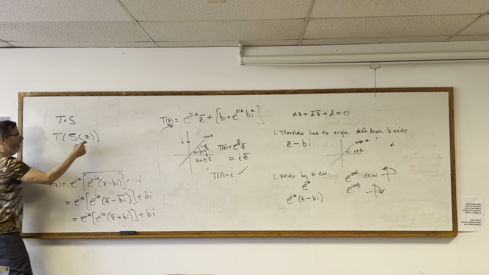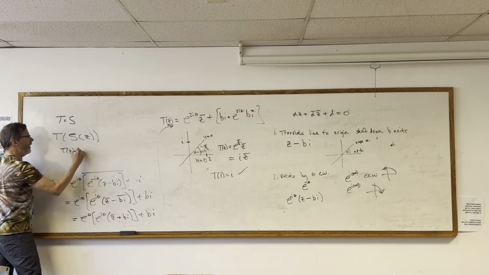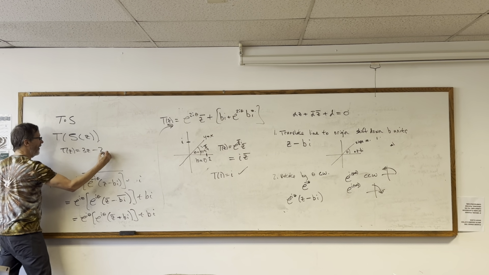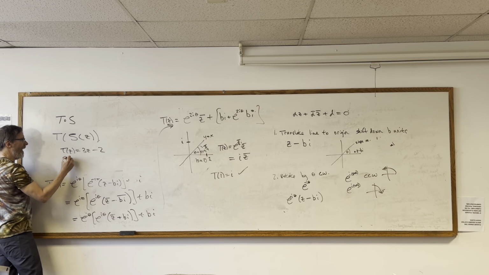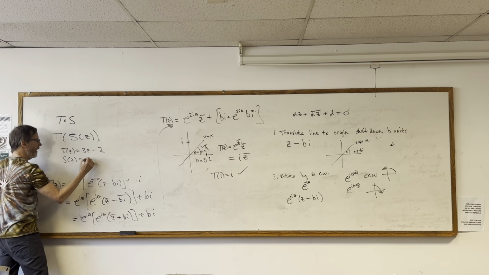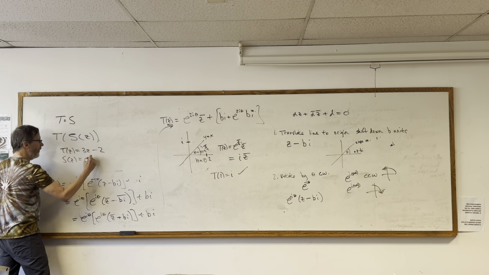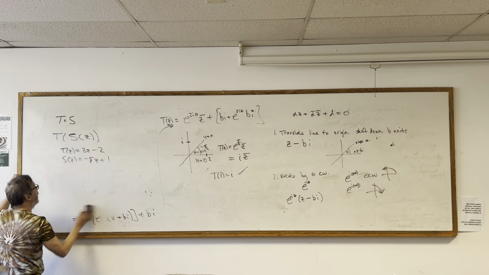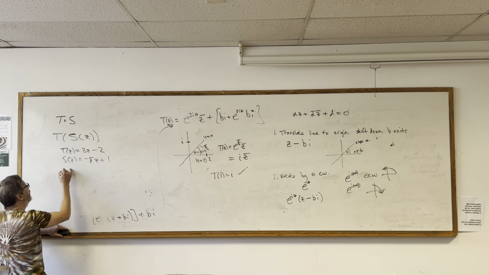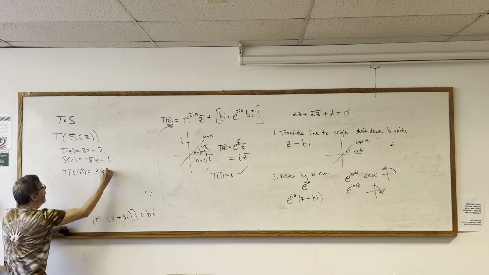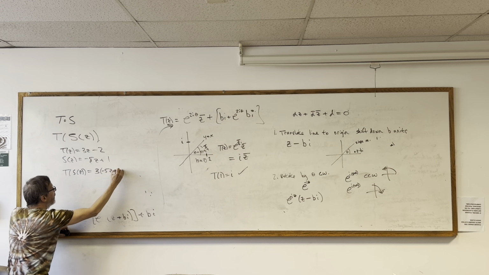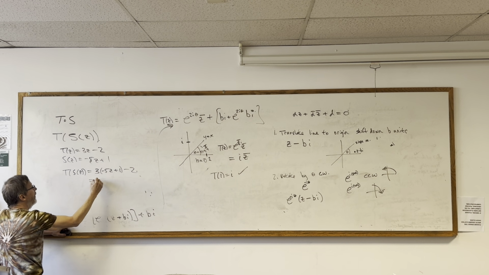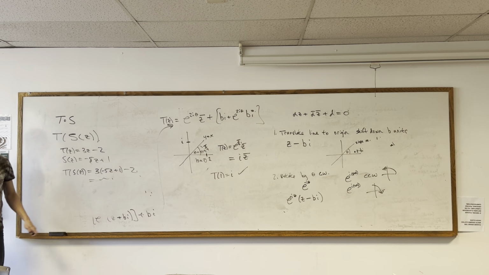So first run through Z. For example, if T of Z was that and S of Z was -5Z plus 1, then the thing they are asking me to find here is T of S of Z, which is 3, plug in the S, and then simplify out. Does that make sense? Cool.